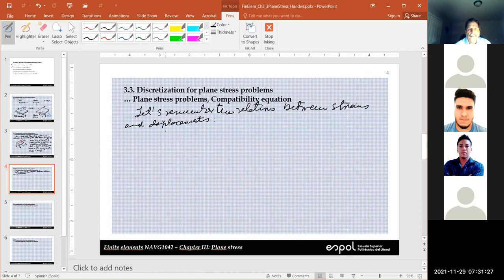Epsilon x is equal to du dx. Please notice that in this case the derivatives are partial because u depends on x and also on y. Epsilon y is dv dy. And in this case, we also need gamma xy.